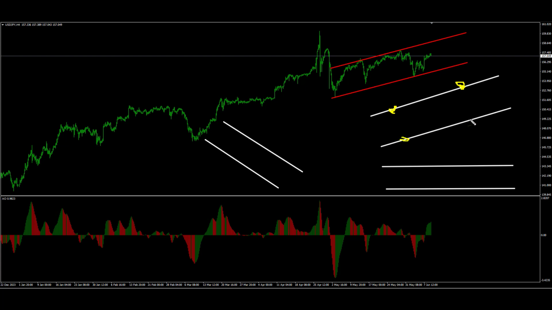So 1, 2, and 1, 2 on each side. This is very important. Now when it comes to this one, we need 1, 2, 1, 2, respectively, as follows.